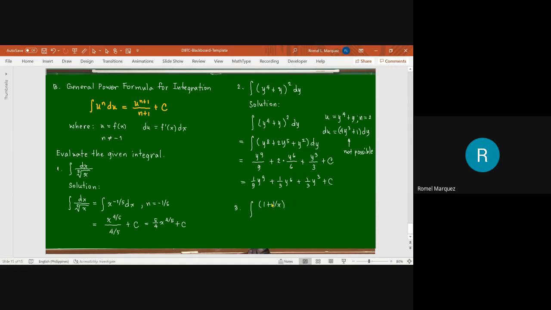What about this? Since the exponent is 7, it is not practical to expand (1 plus 2 over x). So let's try finding u and then determine if the remaining expression inside, together with the dx, is our du. Is that okay, guys?